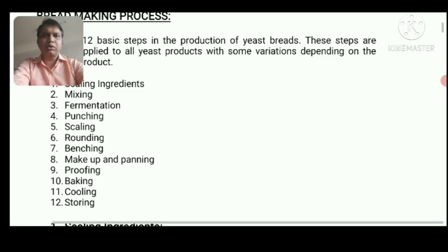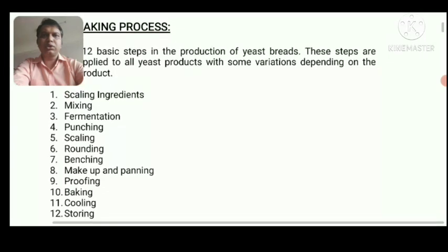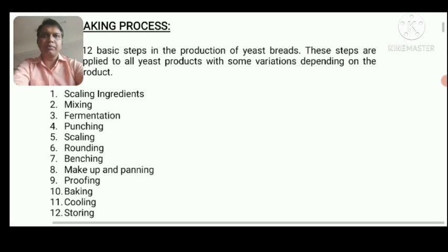Now there are 12 common steps which are used in making all the dough. After that we decide what type of dough we need to make, and we decide the method of making the dough. So the common baking process includes 12 steps. The steps are as follows.